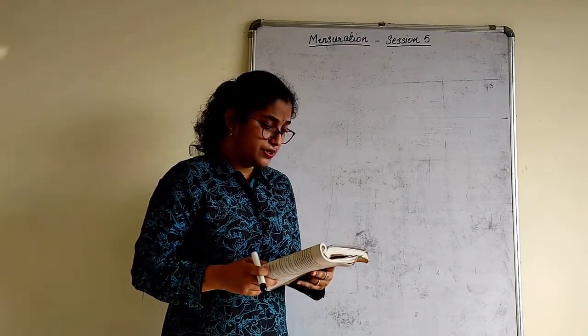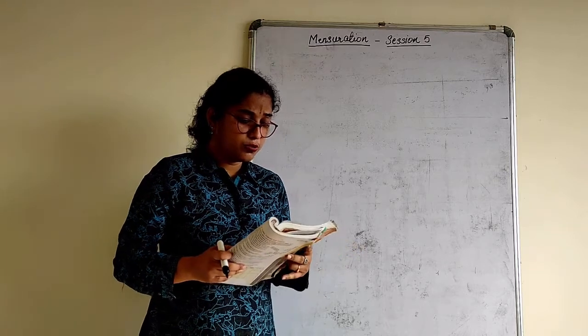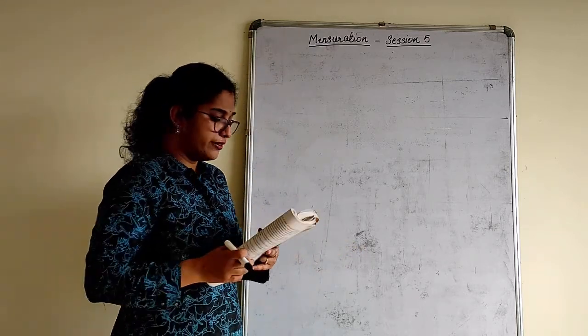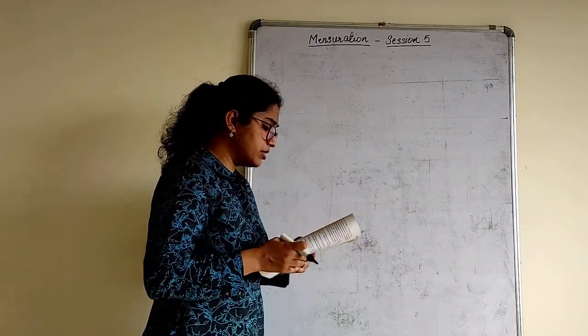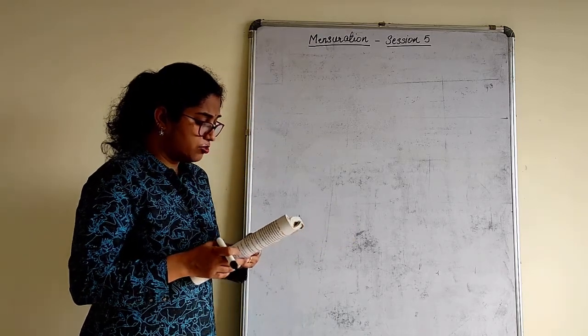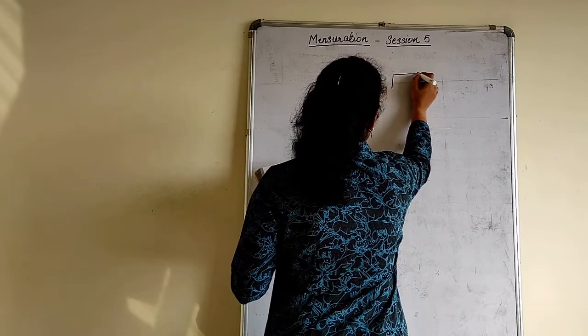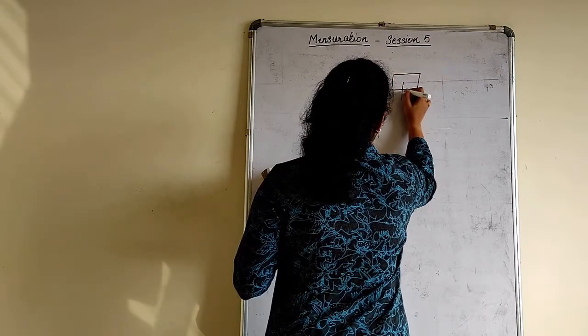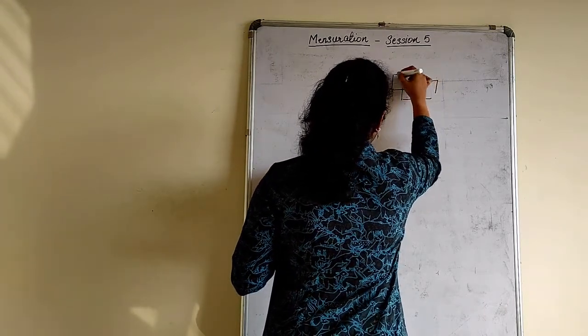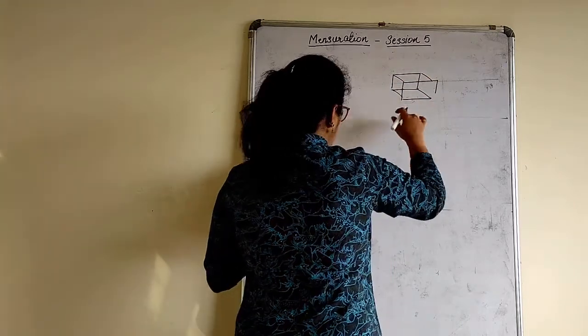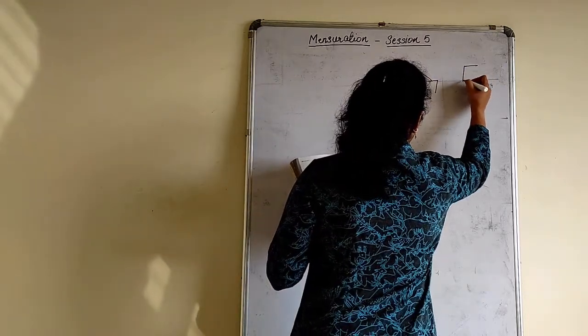The first exercise: there are two cuboidal boxes shown in the adjoining figure. Which box requires a lesser amount of material to make? Let's draw the boxes as they have given. One is cuboidal and one is cubical actually.